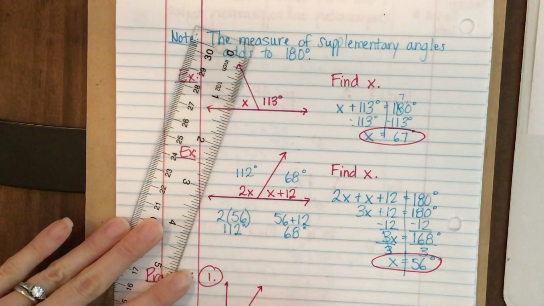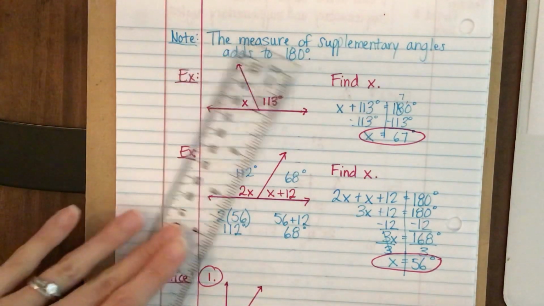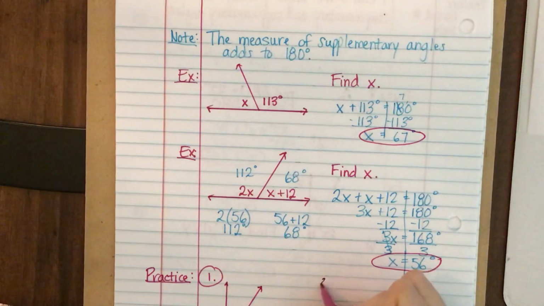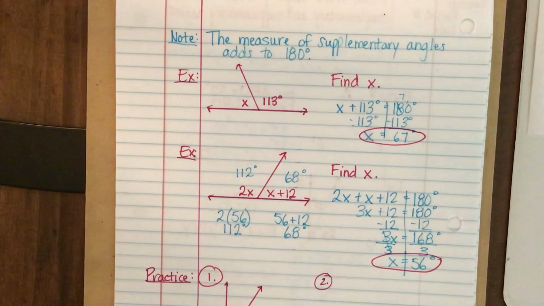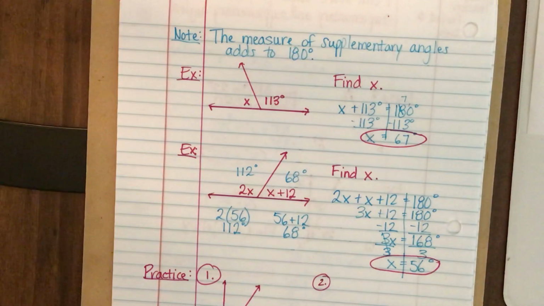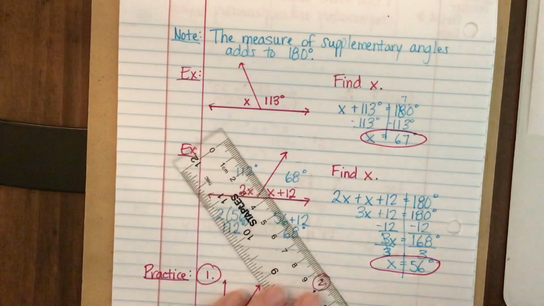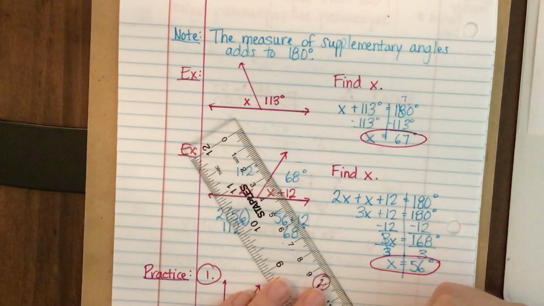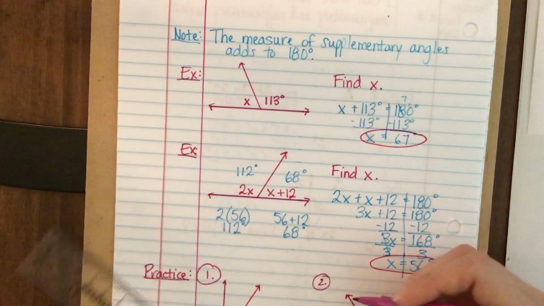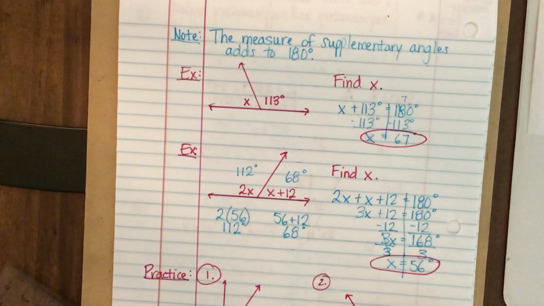Okay, so this is x, and this is 2x. And number 2. These are not drawn to scale, so just keep that in mind.